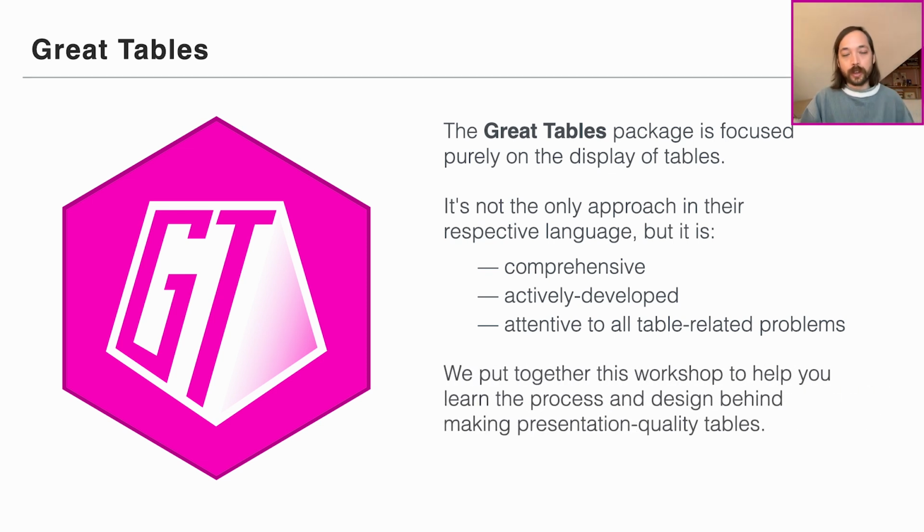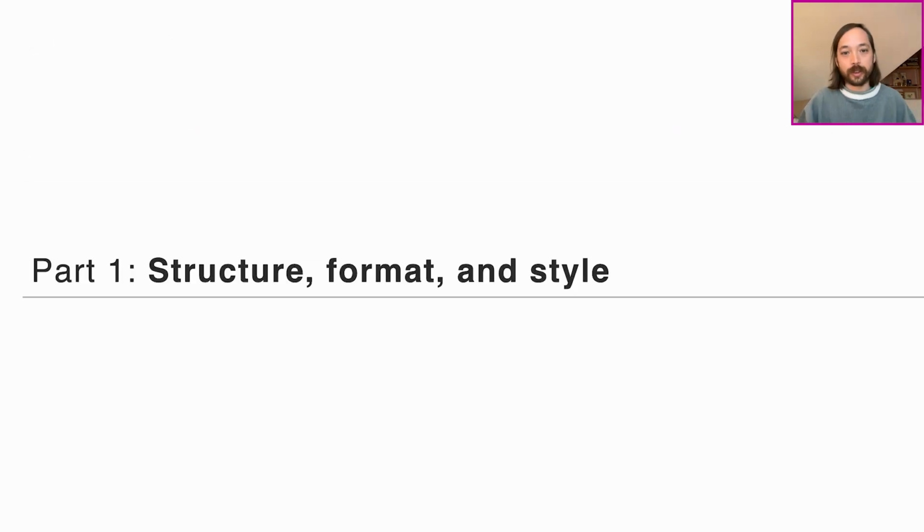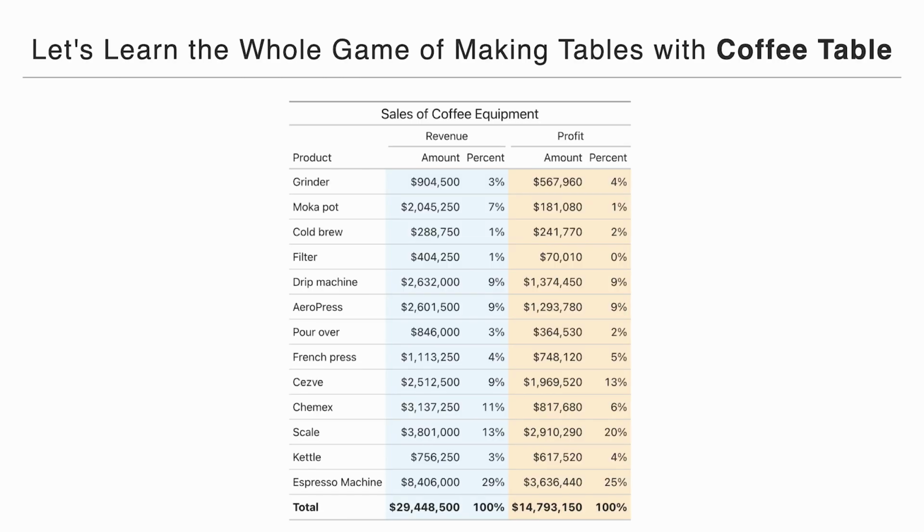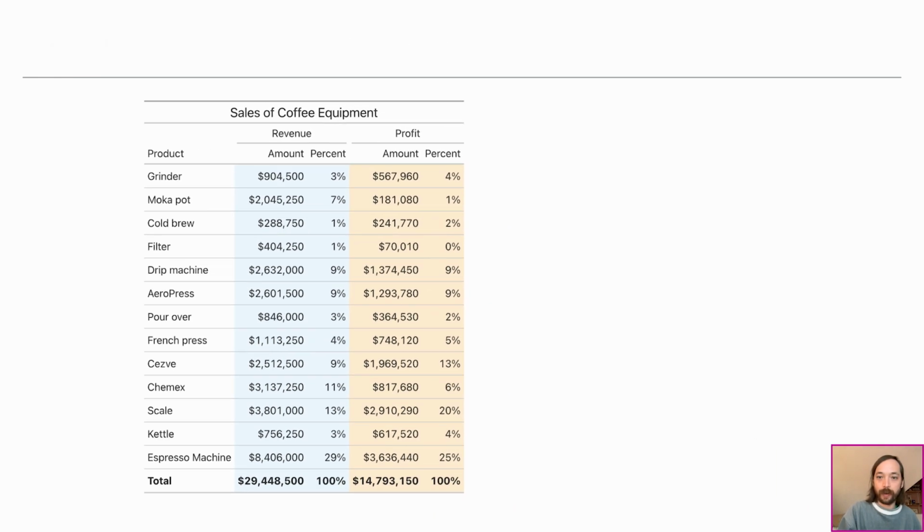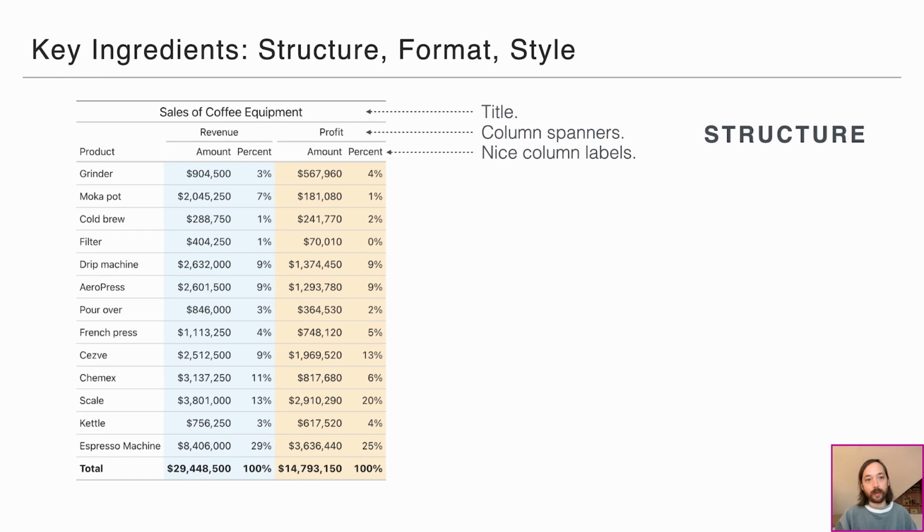All right, so this workshop is to help you learn the process and design behind making presentation quality tables. So in this first part, I'm going to talk a bit about structure, formatting, and styling. We're going to use this example table that we'll call the coffee table, and we're going to walk through its different pieces. So this table is mostly made of 3 pieces: structure, format, and style.